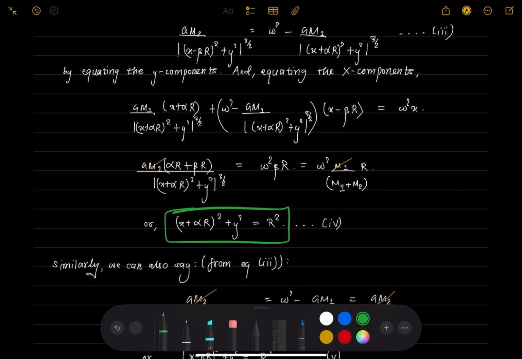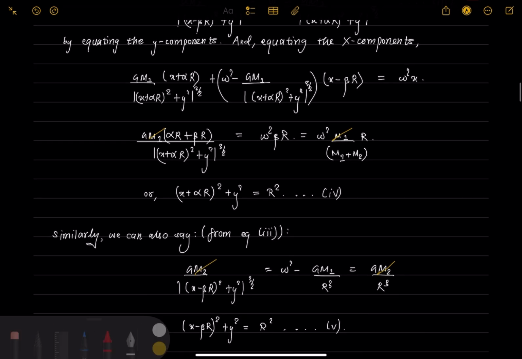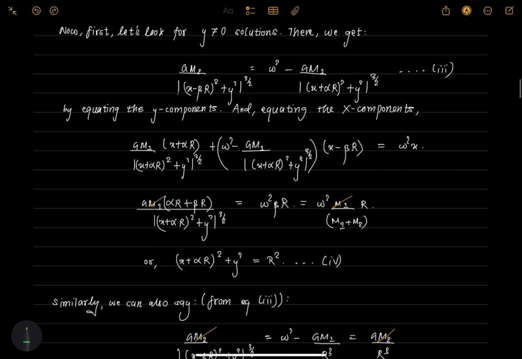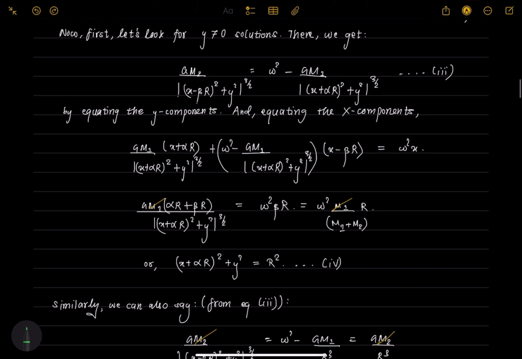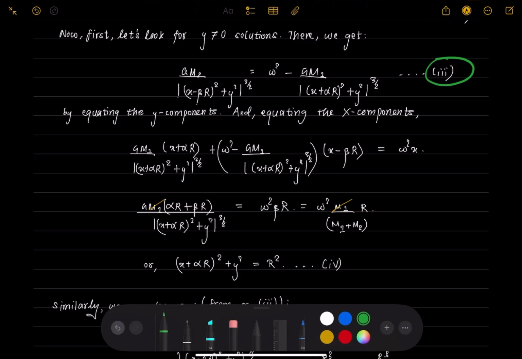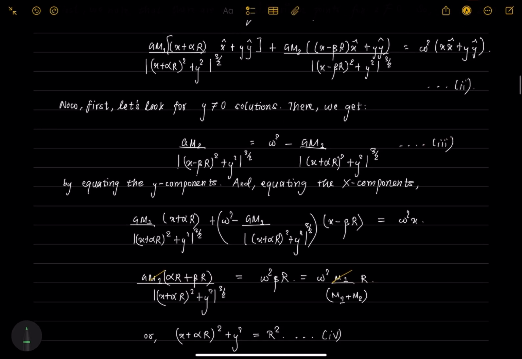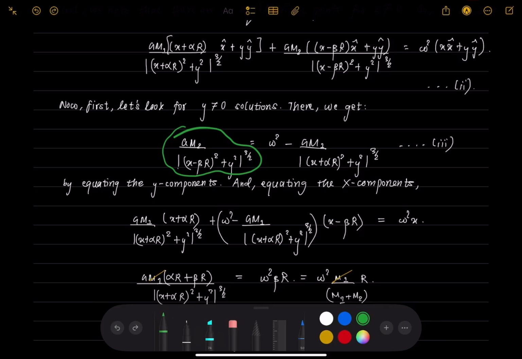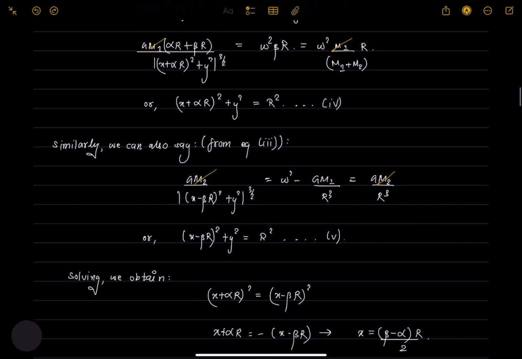So x and y need to satisfy this equation. And once we have that, we can again plug this back into equation 3, right? Which we obtained for the beta gravity term. And using that, we can also obtain what this distance is.